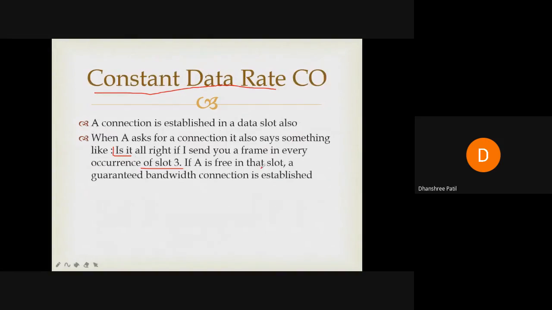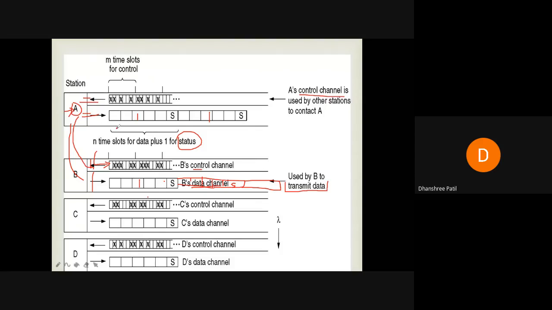It means once the request of any station is approved, B has approved A's request here. It means that A will send its frame in every third slot. So once the request is approved, that station will send in every third slot or fourth slot, whatever.